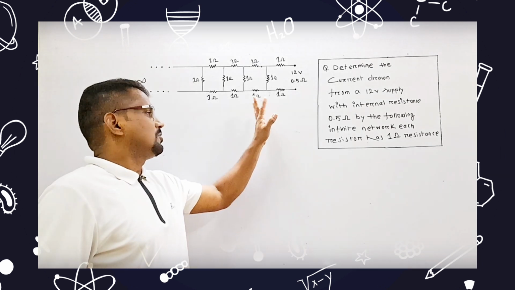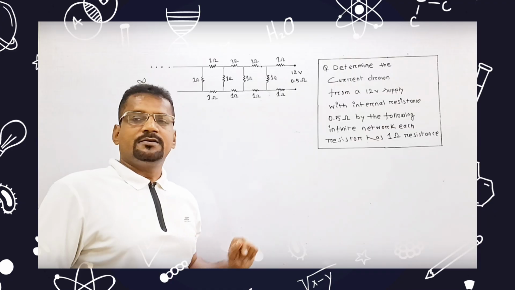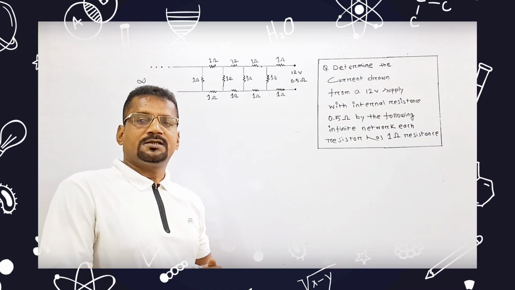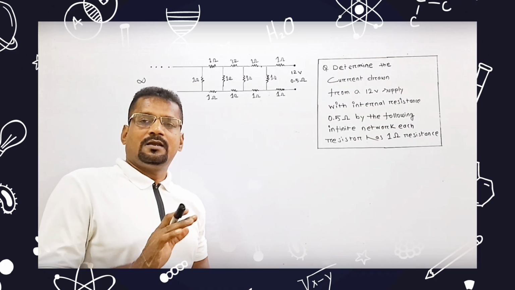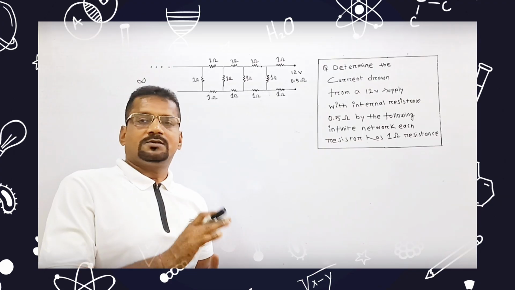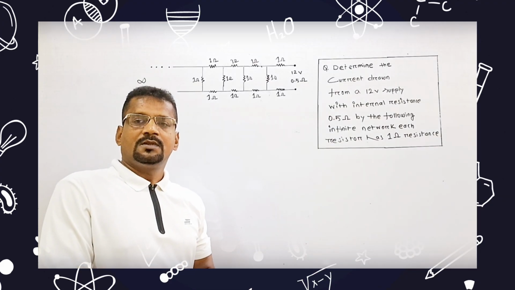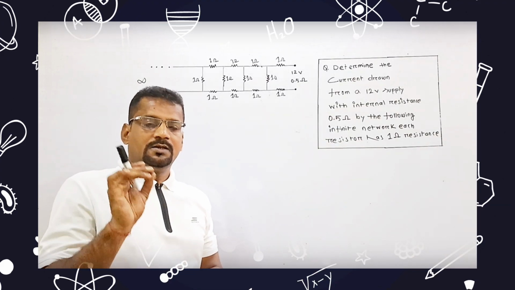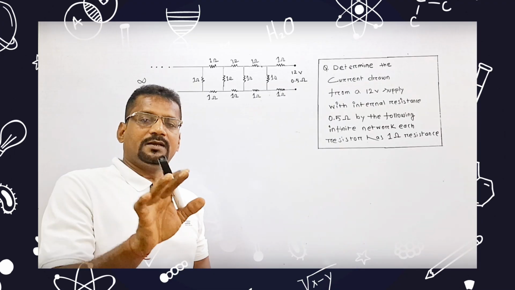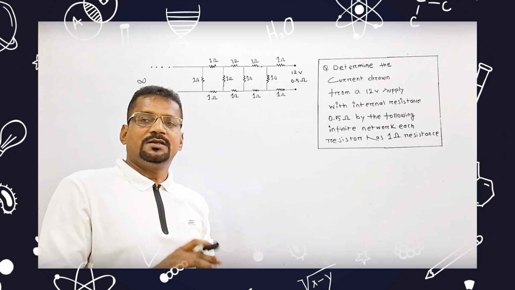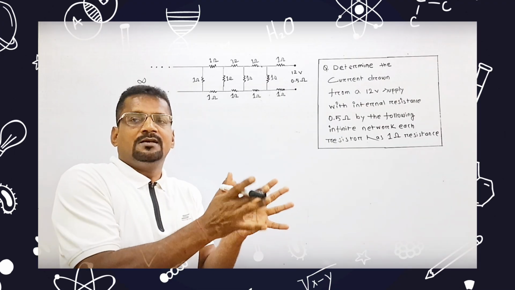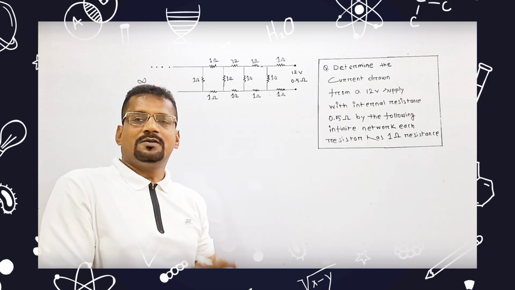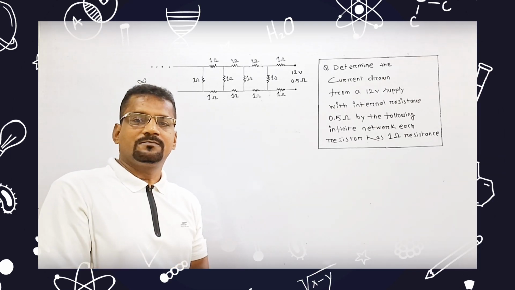So how do we find the total resistance when infinitely many resistors are connected? In that case, you have to find a pattern. That means, is there any repeating block, or repeating unit?